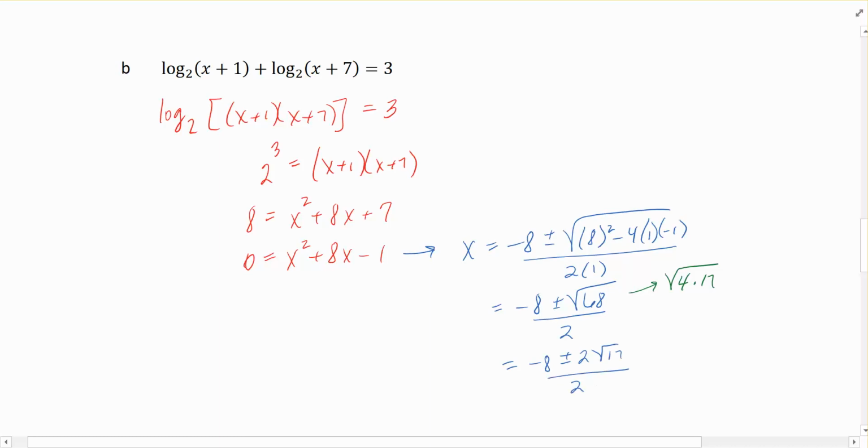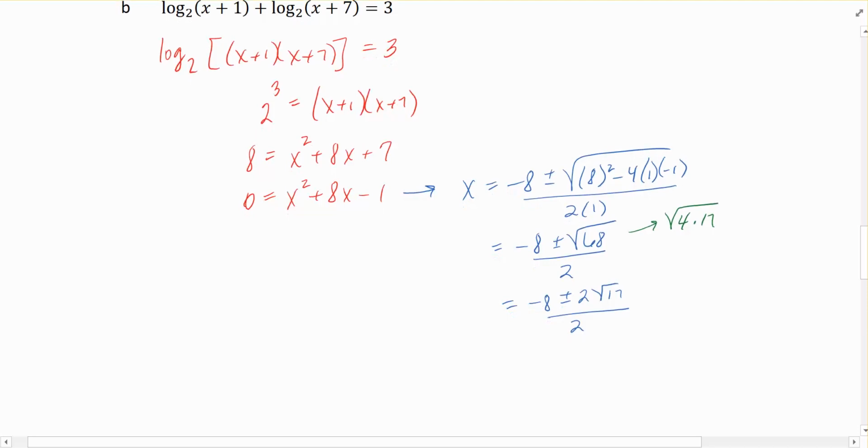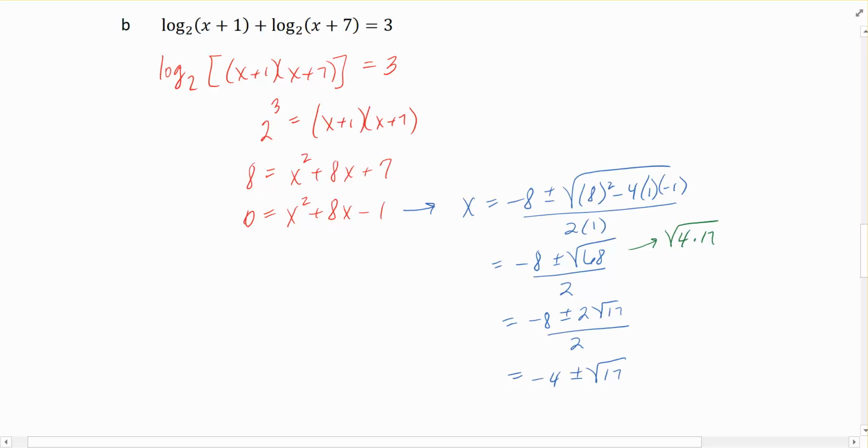From here, I can reduce that fraction even more because 2 divides into both the numerator components, and I end up with negative 4 plus or minus the square root of 17. So that's where I would initially stop, or at least I've stopped up until now.